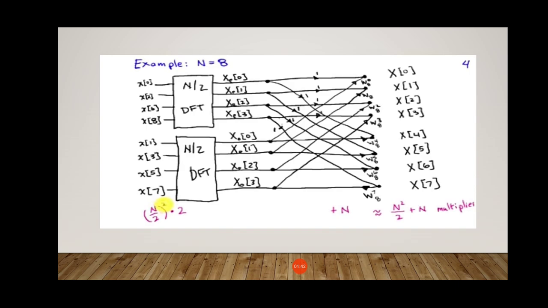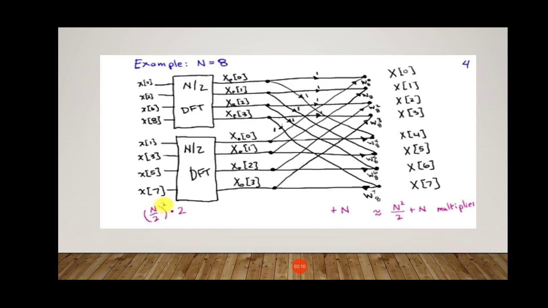Whenever we have W8^4, it can be written as minus of W8^0, because W8^4 can be written as W8^(0+N/2), that is 4.